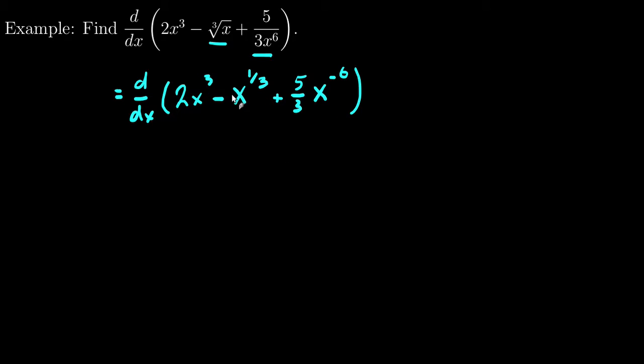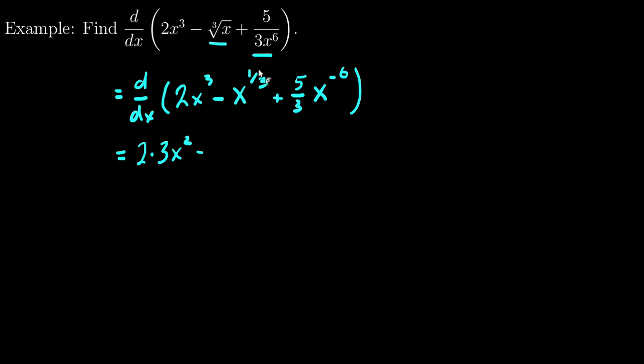And now I can just use the power rule that we saw in the previous video. So since I have a difference and a sum here, a minus and a plus, I can just take the derivative of this part, the derivative of this part, and the derivative of this part, and put the minus and put the plus. So the derivative of this, well, I have 2 times the derivative of x cubed, which is 3x squared, and I have the minus.